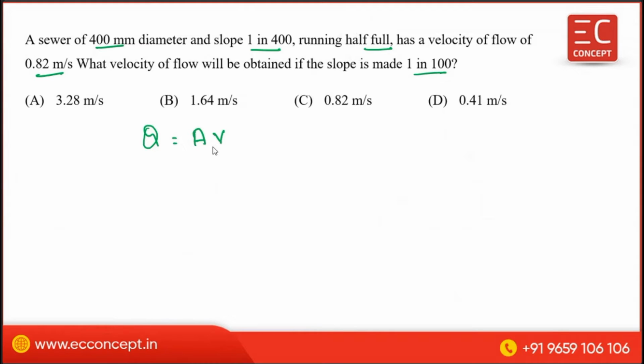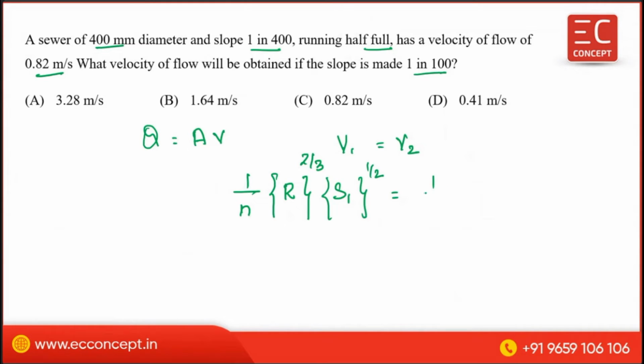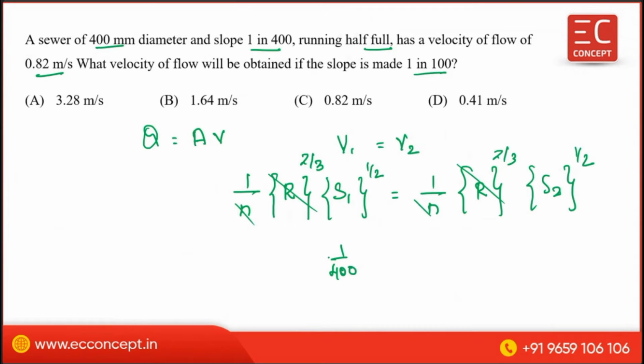Okay, fine. So V1 is equal to 1 by N1. If the cross sectional area is not changed, the hydraulic radius R is not going to change. For both it is the same. S1 to the power 1 by 2. Here we see 1 by N, same. So let us take the hydraulic radius as R. It is not going to change. Just the slope is changing. So N is same, R is same. Okay, root of S1. So 1 by 400.